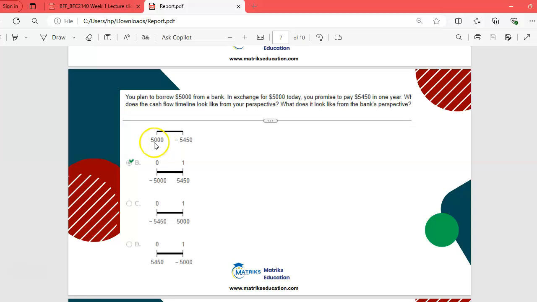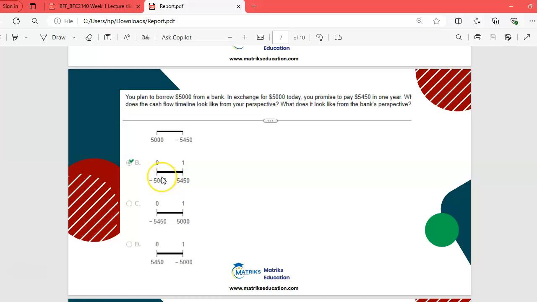So in year 0, or the present moment, from your perspective the money is minus 5,000 because you are borrowing money and the bank gives you a loan. So in year 0, for the cash flow timeline, the total money is always minus because you are borrowing.